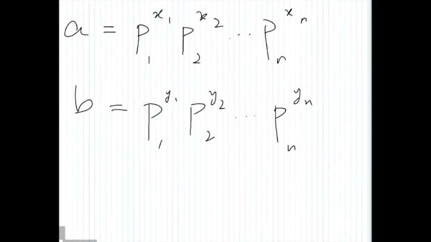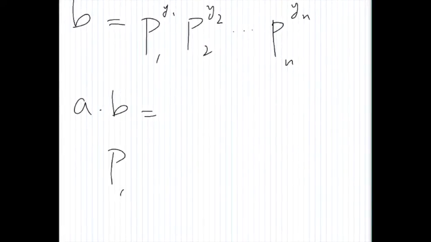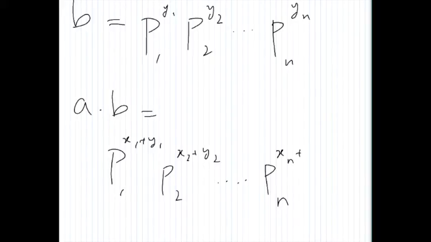So what is a times b? This is equal to p1^(x1+y1) p2^(x2+y2) up to pn^(xn+yn). Okay, so this is our first result. We call it equation 1.